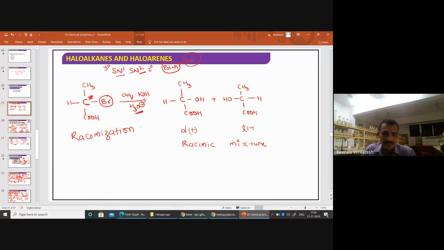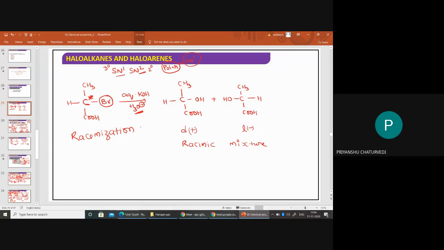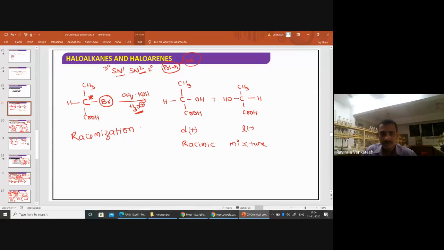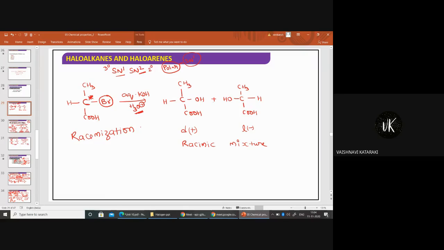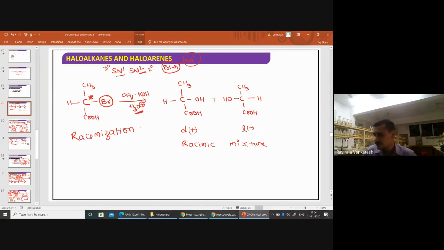By seeing this reaction, is it possible for you to say? The process by which we can get a racemic mixture. Conversion of an enantiomer into a racemic mixture is called racemization.